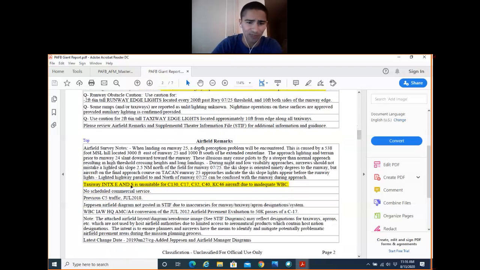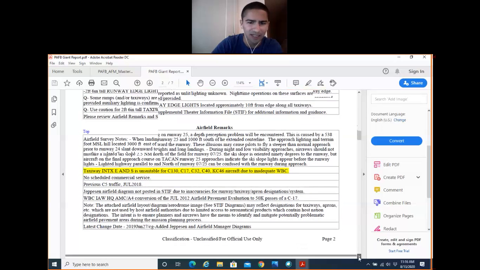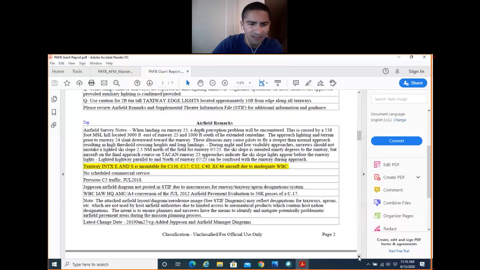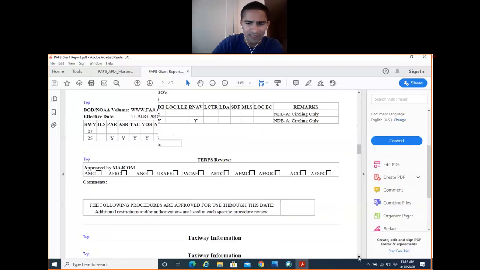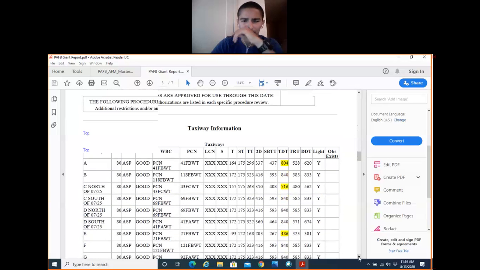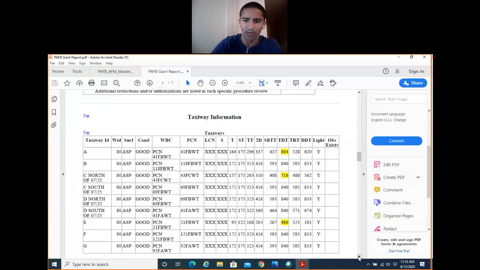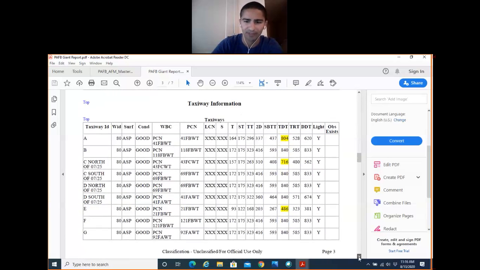Here you see taxiways that are unsuitable for certain aircraft due to inadequate weight-bearing clearance. It doesn't have C5, so I couldn't tell you why he highlighted that one. Again, breaking down the taxiways we want by weight for tricycle dual tandem.